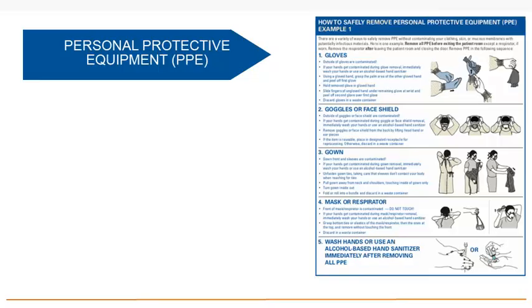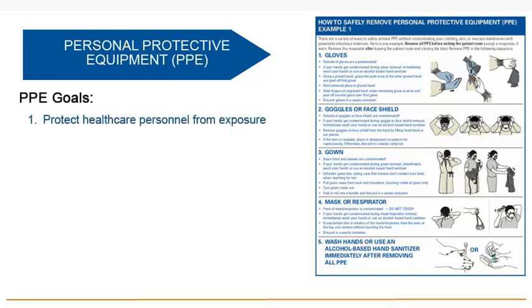Personal protective equipment is used to protect yourself when caring for a patient who may have a transmissible disease. Gloves, goggles or face shield, a gown, mask or respirator are all important components. The goals of PPE are to protect the healthcare personnel from exposure and also to limit the spread of contamination to other patients and surroundings.